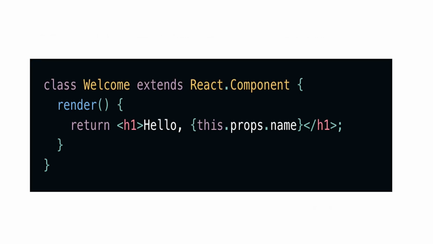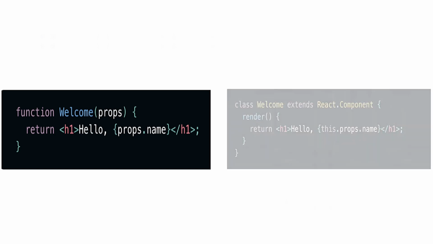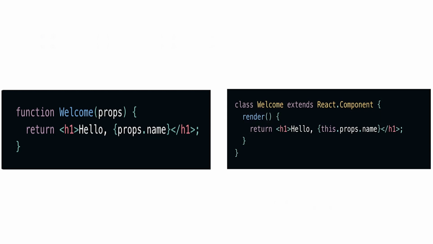From React's point of view, the above two components are equivalent, but the class component is usually a regular ES6 class that extends a component class from the React library. And it must have a render method that returns the JSX, which in turn describes the UI.